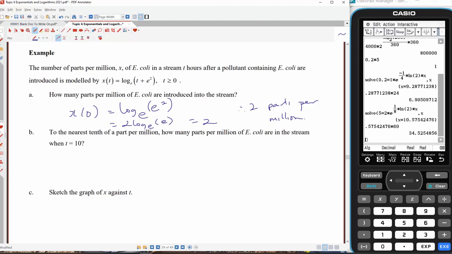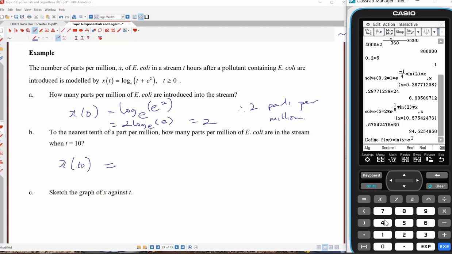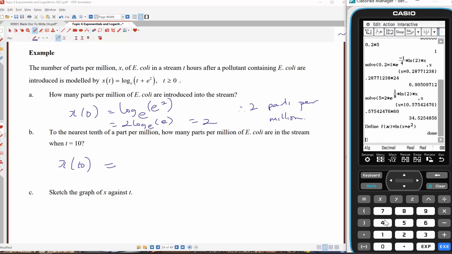To the nearest tenth of a part per million, how many parts per million of E. coli are in the stream when T is equal to 10? So that's just X of 10. Okay, X of 10.